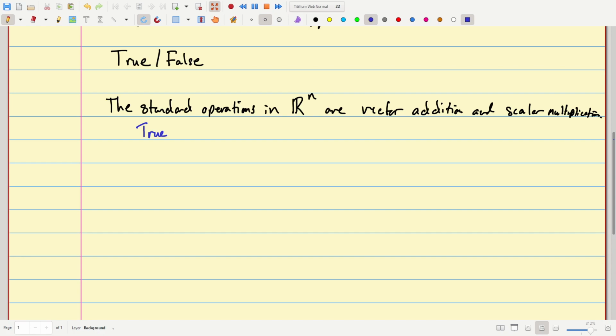Our closure properties have to do with vector addition and scalar multiplication, and our 8 axioms of a vector space each have 4 devoted to each of those operations, right? For addition, we need addition to be associative and commutative. We need an additive identity to be in the vector space, and we need all the additive inverses to be in the vector space, right? Those are the 4 axioms for the vector addition side.